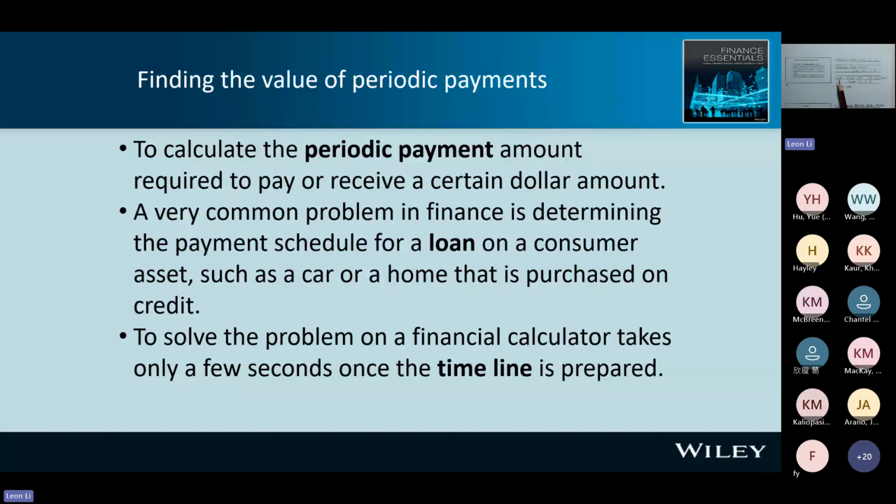Now we are going to find the PMT, for example, the periodic payment for the house loan, given PV, I, and N. So the point is to draw the timeline.